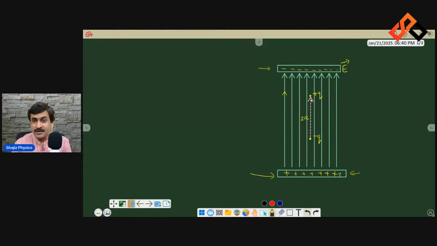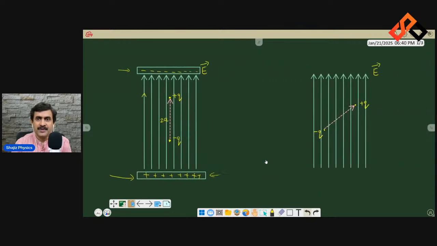Now this is the most comfortable position. Now think about a situation. I am rotating this dipole in the clockwise direction, just like this one. Okay, see this. I have rotated the dipole through some angle theta. Now this makes an angle theta with the electric field.